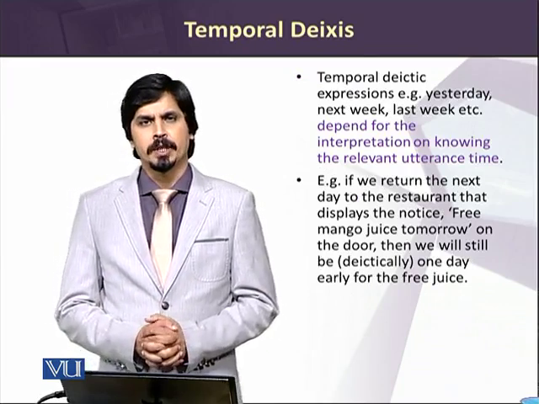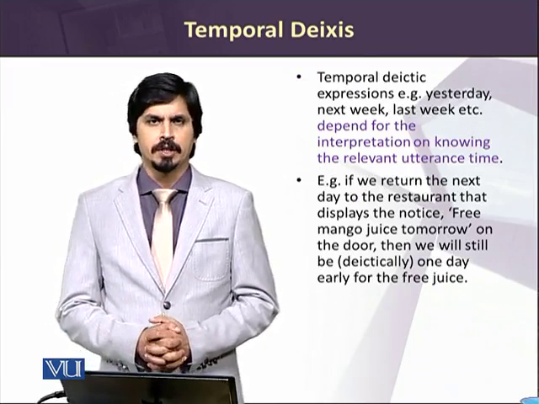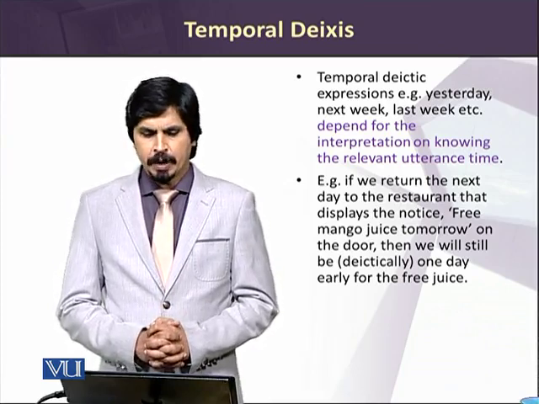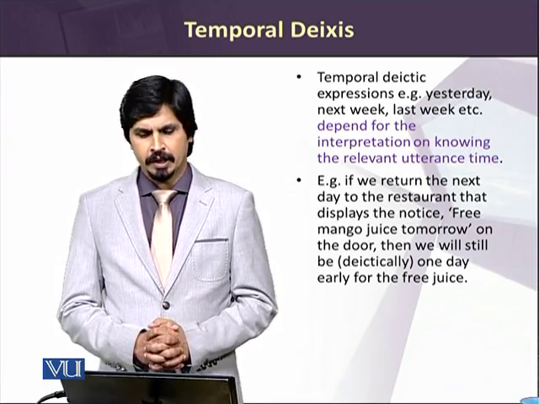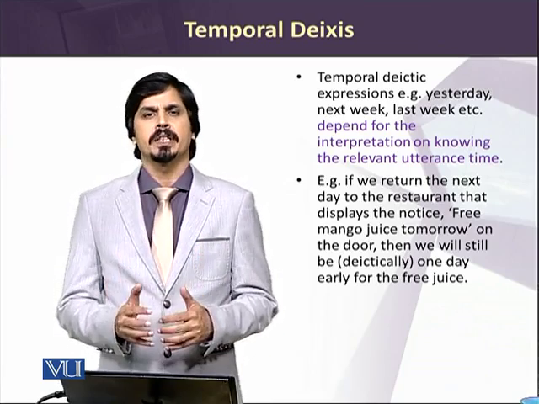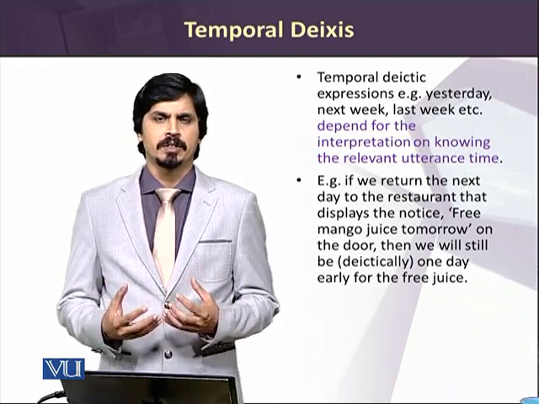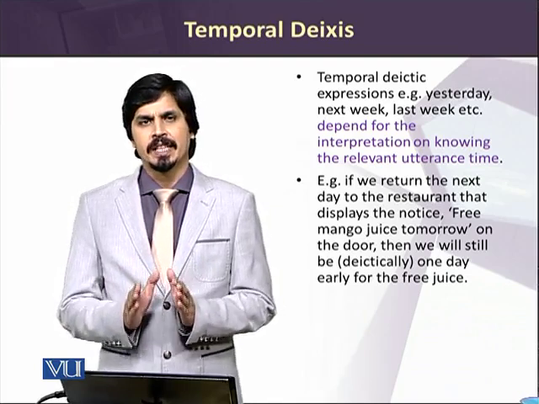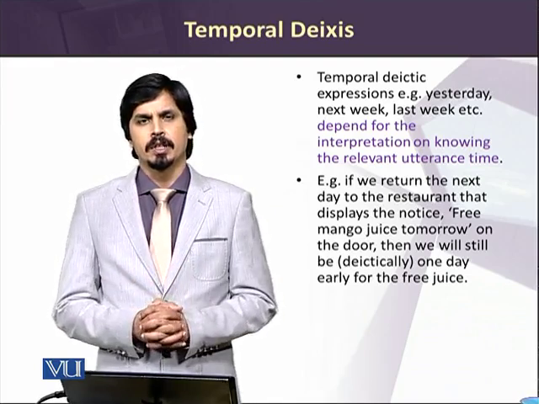Temporal deictic expressions such as yesterday, tomorrow, next week, last week depend for their interpretation on the relevant utterance time. Based on when the utterance is being said, we can identify the exact time location of these expressions.